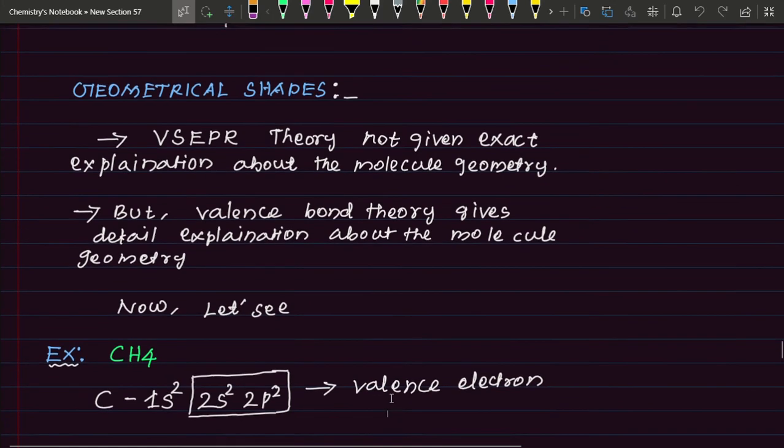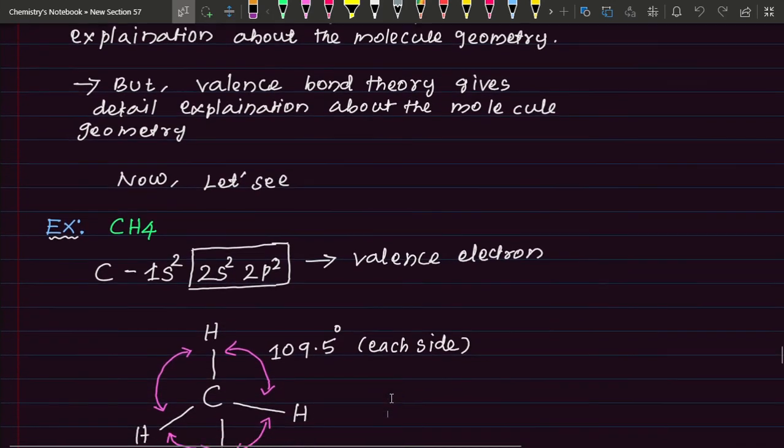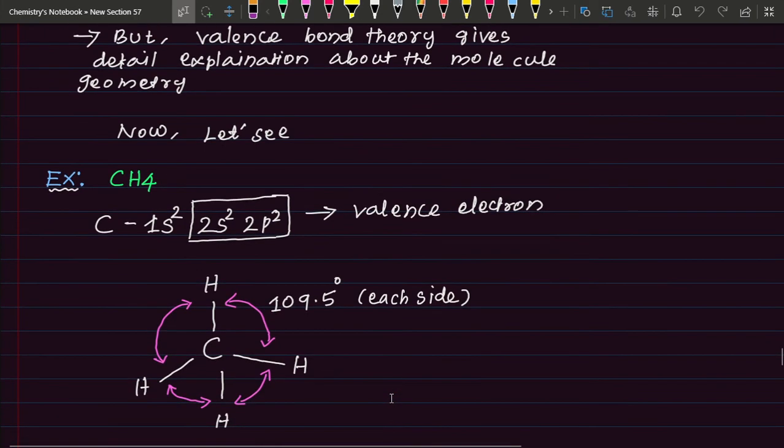For example, methane, CH4. We know the carbon electron configuration is 1s2, 2s2, 2p2. The valence electrons are 2s2 and 2p2, 4 valence electrons.